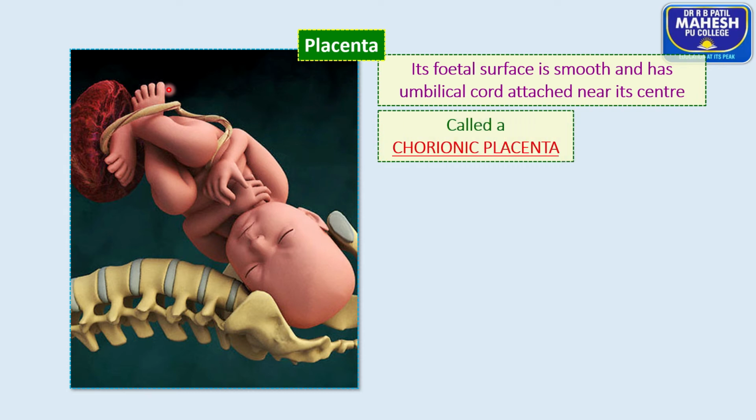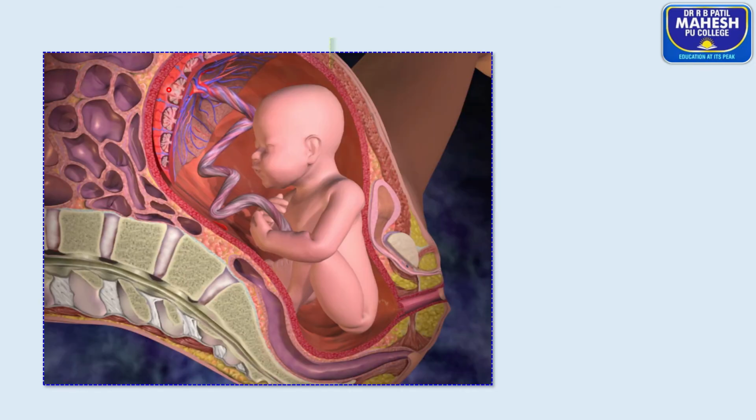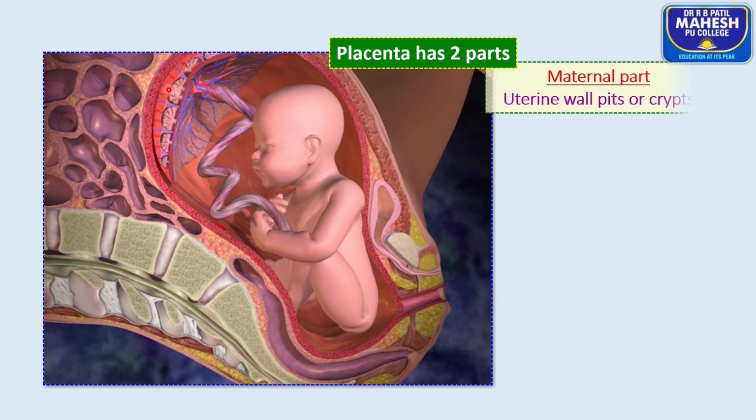The human placenta is commonly called a chorionic placenta, because the placenta is formed of the chorionic membrane. Allantois remains small, with the blood vessels extending to vascularize it. So the placenta has 2 parts, maternal part and fetal part.